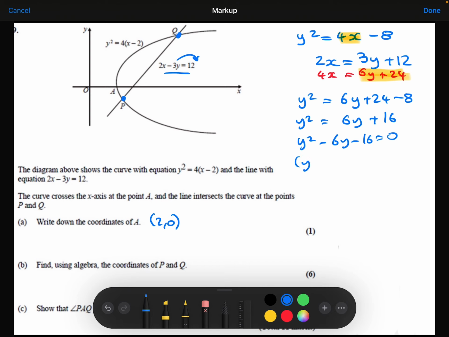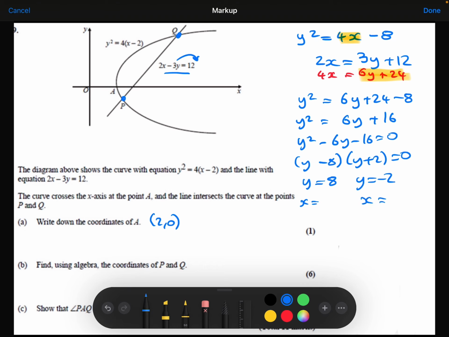So factorising this, then we get (y minus 8)(y plus 2). So y is either going to be 8 or minus 2. Substituting those back into either of the original equations, it doesn't particularly matter, to get the x coordinates.